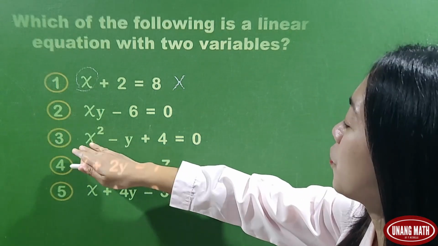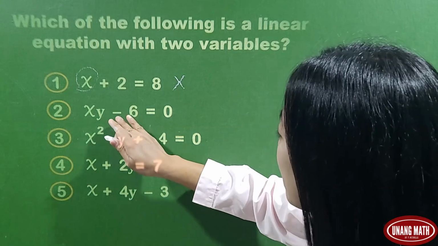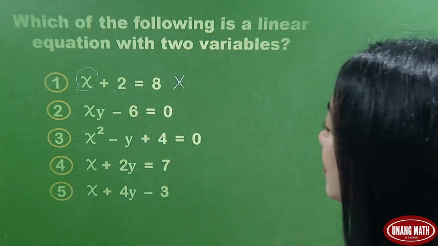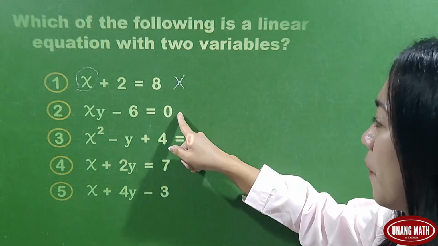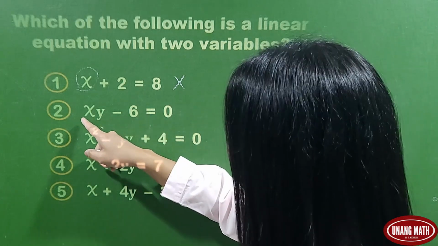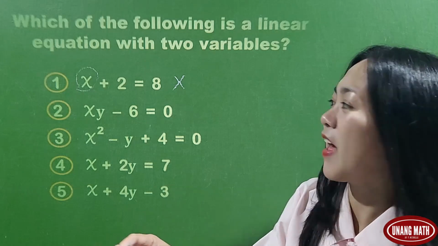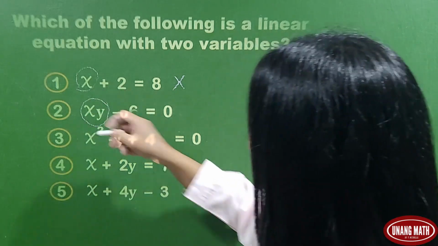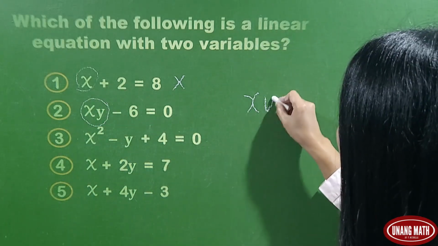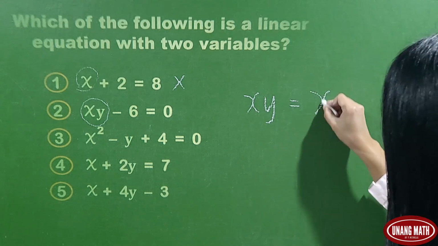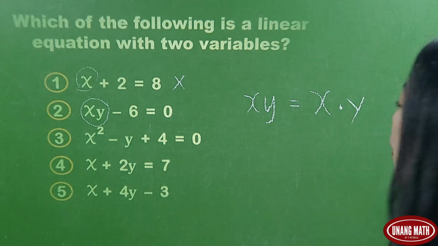Okay, what about number 2? xy minus 6 is equal to 0. You might think that this is a linear equation in two variables, but this is not. Take note, the meaning of xy is x times y.